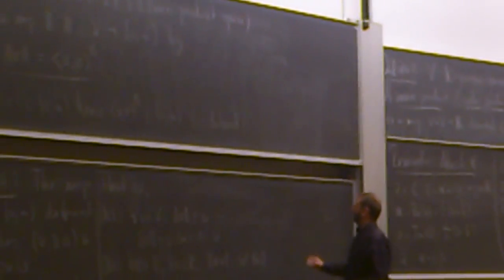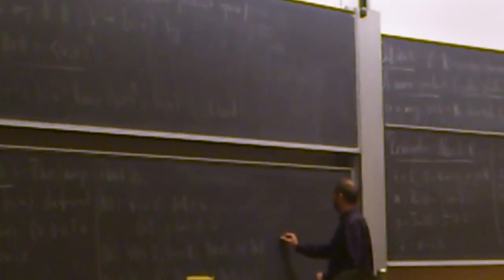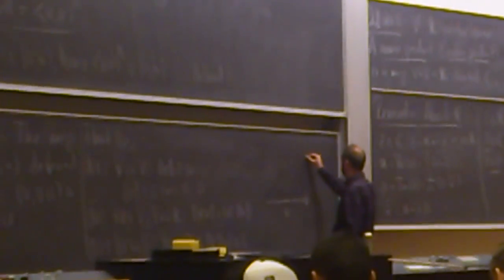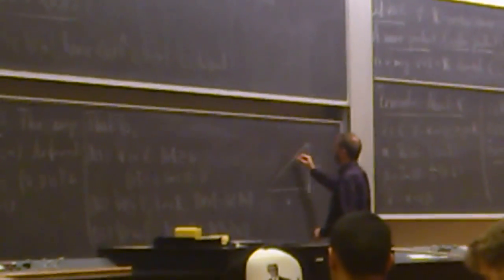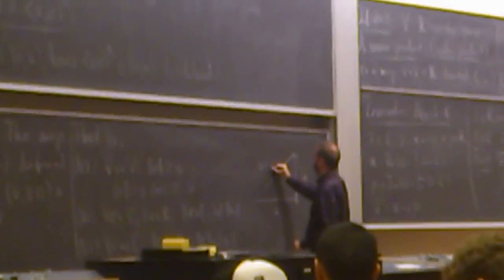And how does it go if you have vectors, if this is v and this is w, then this is v plus w.